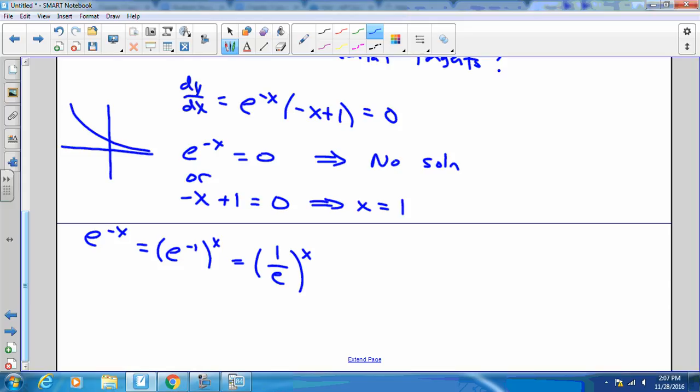So that you can see that when I have a base bigger than 1 raised to a negative exponent, it is the exact same as having a base that is between 0 and 1 raised to a positive exponent, because a negative exponent indicates reciprocal. So this is y equals e to the negative x, which is the same as 1 over e to the x.